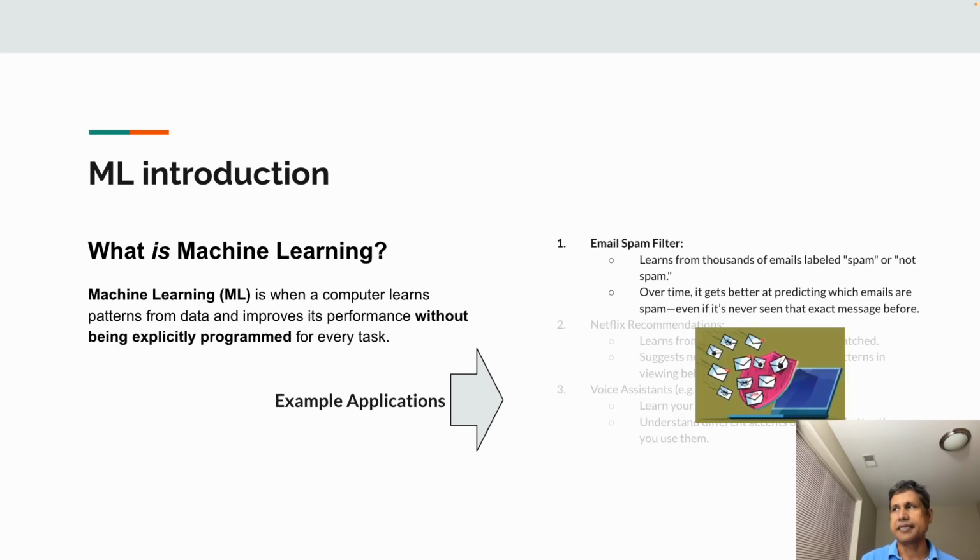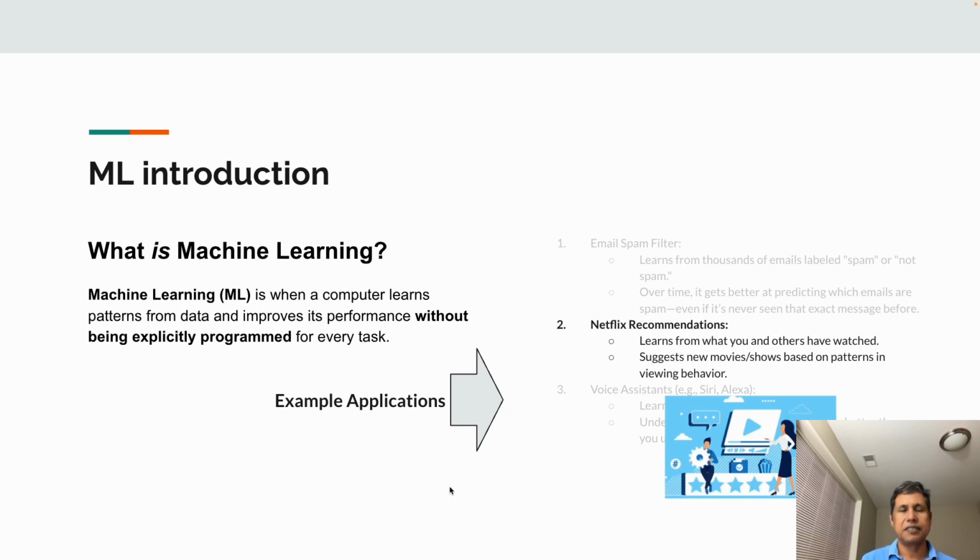On the contrary, one popular example of machine learning task is email spam filter, right? And most of the email service providers, they have this particular agent embedded in their solution. The algorithm actually learns by looking at a lot of examples of spam and not spam emails.